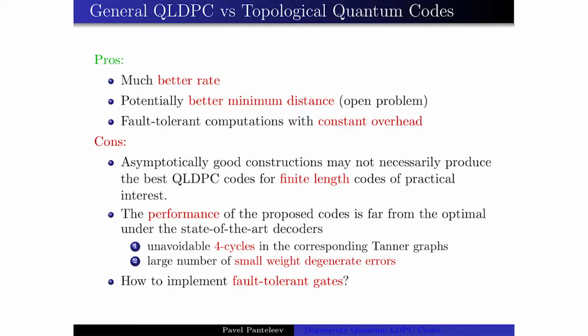So why do we use general QLDPC codes instead of topological quantum codes in this work? I suppose that in this conference there were many talks that already discussed that, but I will briefly remind that usually such codes have much better rate, and actually this is maybe the main motivation behind using these codes.